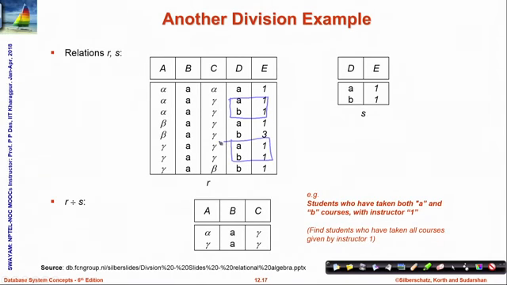This is like the way we divide: this is the whole, and wherever it goes in, the tuples that are identical on the y set of attributes, we collect into the final result. So, this is the division operation, by which we can compute the students who have taken both A and B courses with instructor 1.